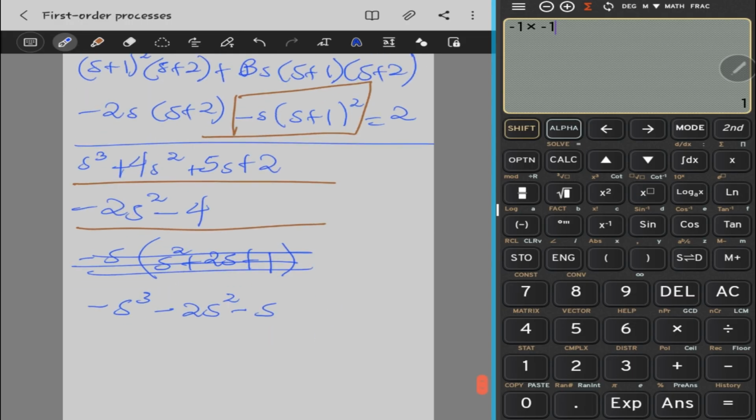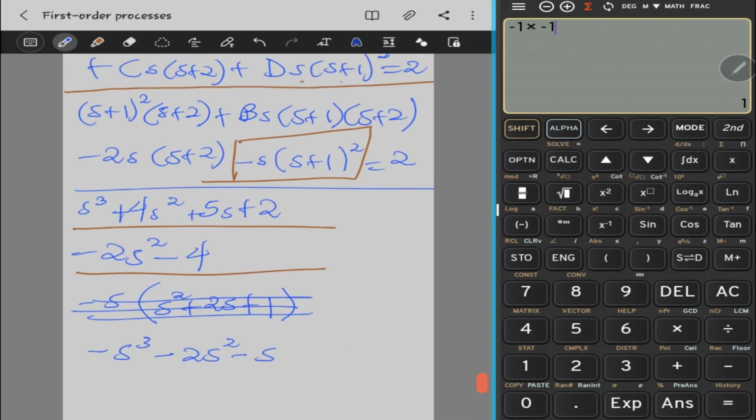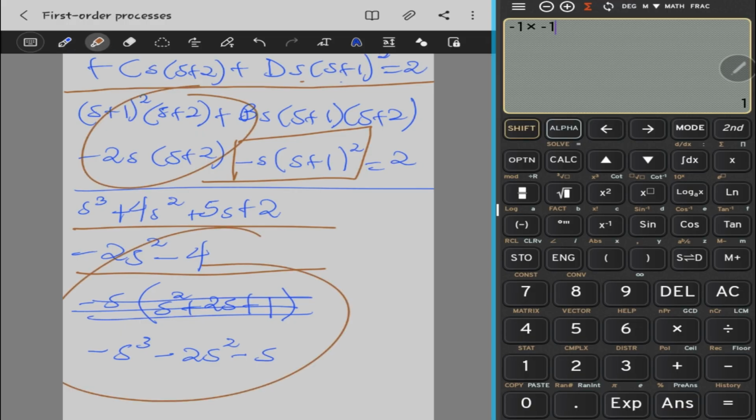So now I'll just have to cancel out and see what's happening. It's like I'll be subtracting. We know all this side is equal to this, and they're equal to 2.